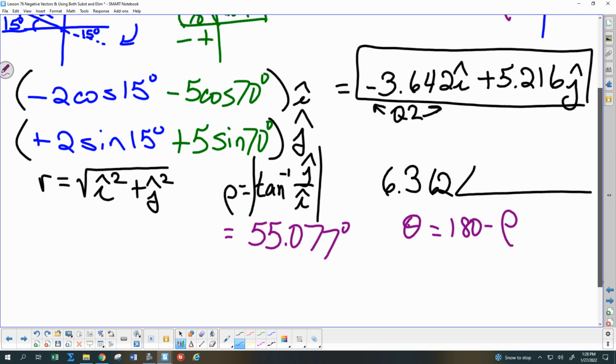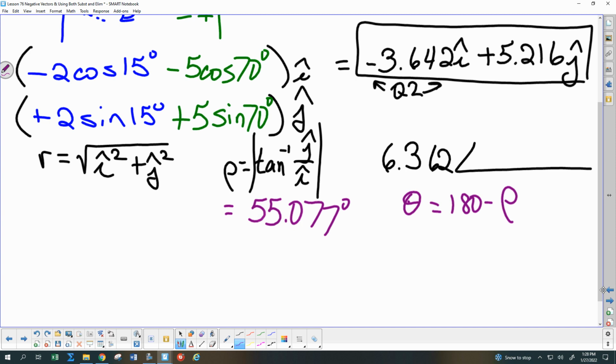Now we're going to talk about how you enter that on your calculator, and you would not be writing this down on your paper. Right now, your calculator says negative 55.077 over here on the right. You want 180 minus 55.077, correct? So you've already got the minus, you've already got the angle. The easiest way to do that is to hit the plus sign, which then immediately says take that last answer plus 180.